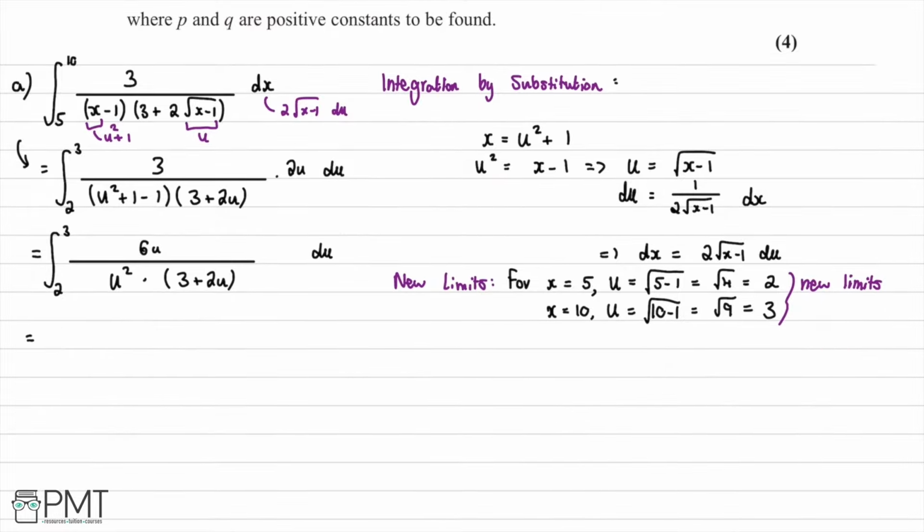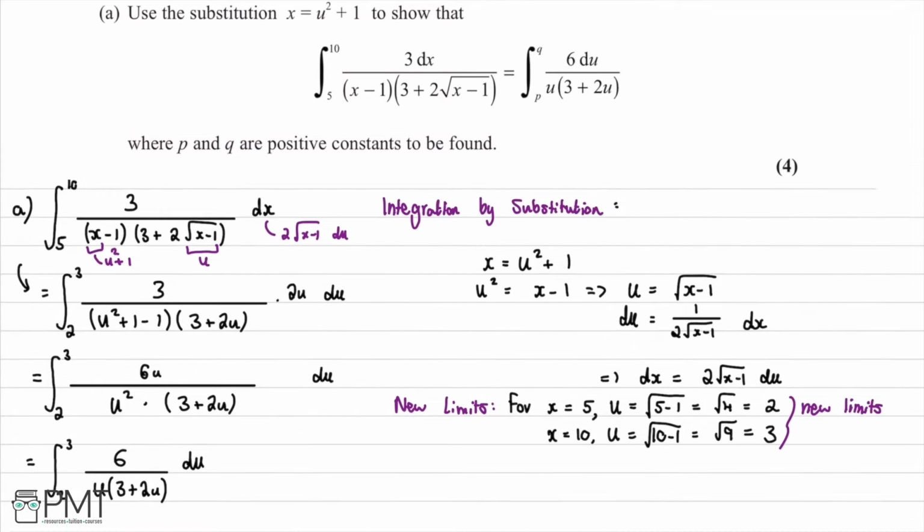So then therefore, simplifying it one step further, our limits 2 to 3 stay the same. We can then divide everything by u. So we're going to have 6, and we're going to divide that by, this is now u, lots of 3 plus 2u, and this is all with respect to u. So we now take a look back at our question.